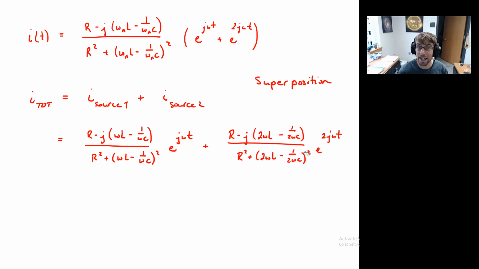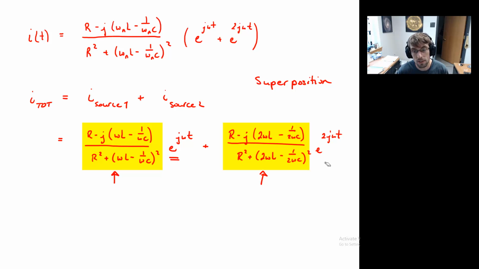And like I said, because the impedance is frequency dependent, we will see that the resulting current through this RLC circuit has different amplitudes for different sources. It's kind of cool.